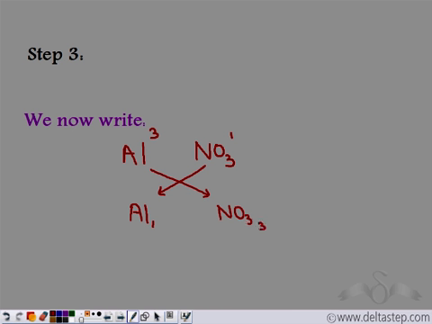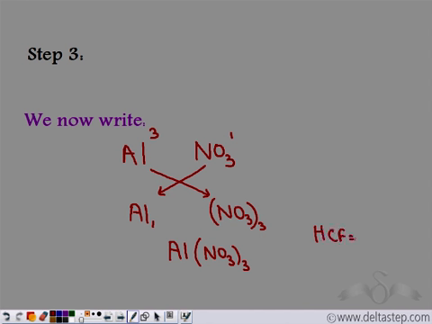Again, we see that there is this confusion, so we put this within brackets. So what do we get as the formula? We get Al(NO3) thrice.